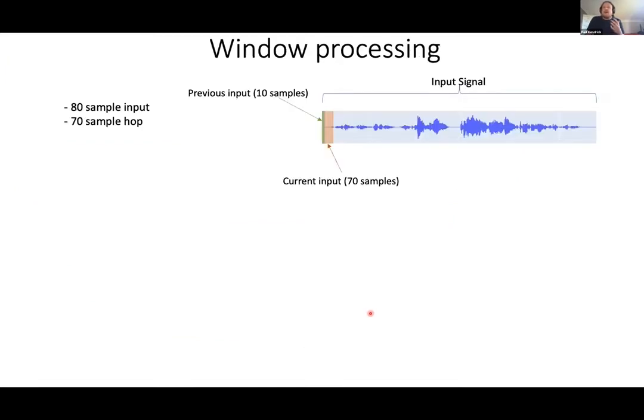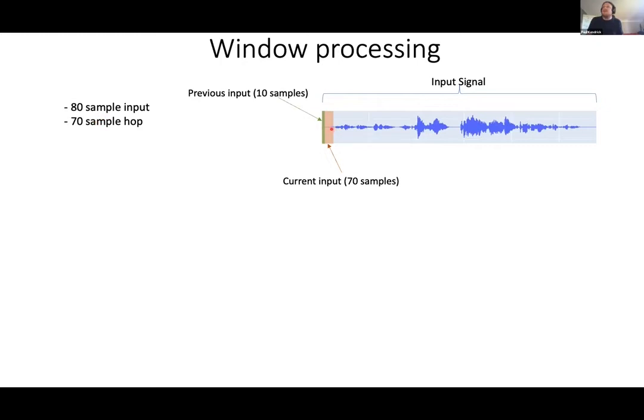Of course, I can't process six seconds of audio all at once. So in order to meet the 5 millisecond causality restriction, I'm using a window processing approach. I define an input sample window of 80 samples with a hop of 70.